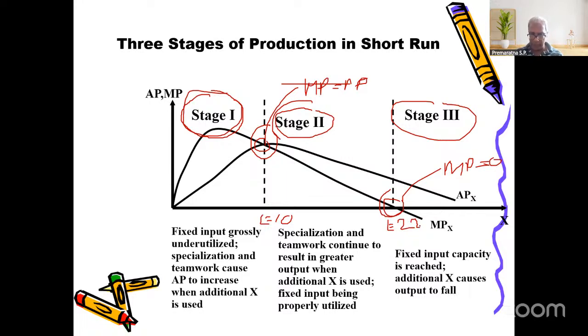So we look at whether the producers recruit less than 10 laborers, or between 10 and 22 somewhere, or more than 22 laborers, which means stage 1, 2, or 3. Definitely, I will discuss the answer later also. In stage 2 we can find the exact point, like 15 or 14 laborers.